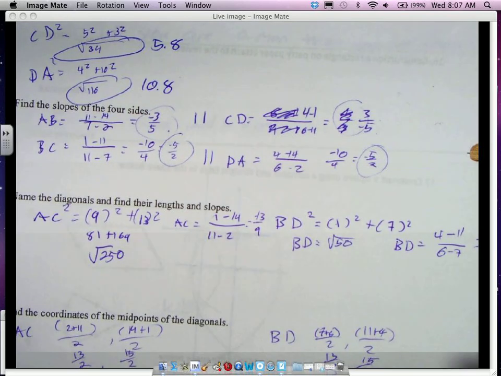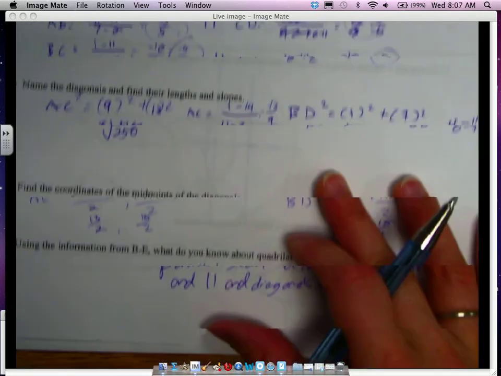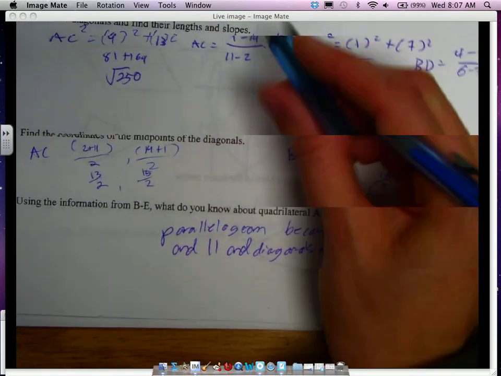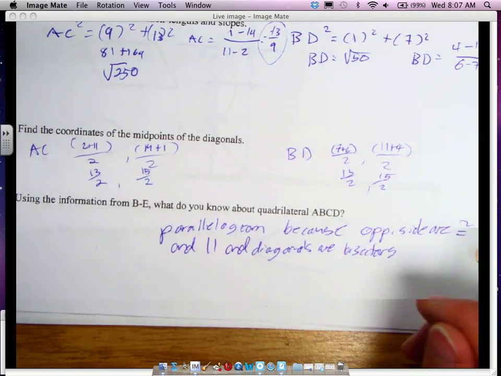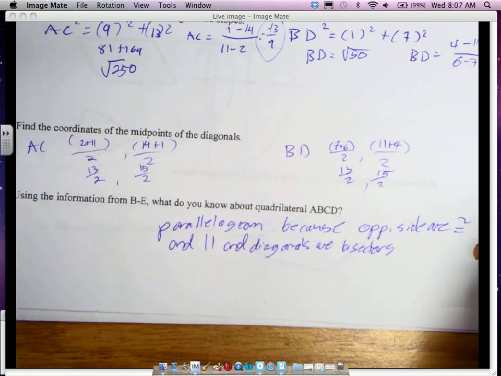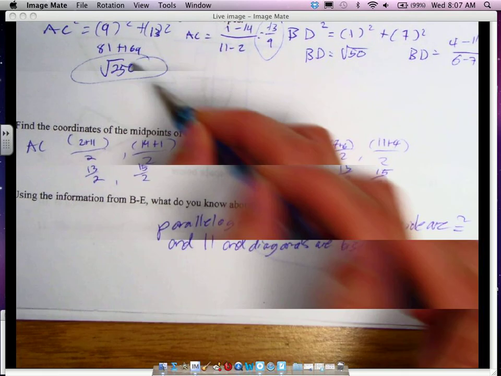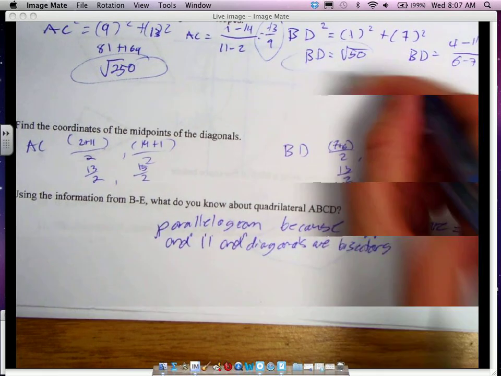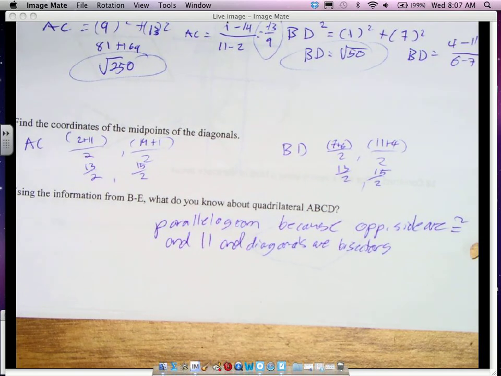Okay. I got that the slope of AC was -13/9. The slope of BD was 7 over -1. The length of AC was the square root of 250. The length of BD was the square root of 50. So the lengths of the diagonals are not the same, and they're not perpendicular.